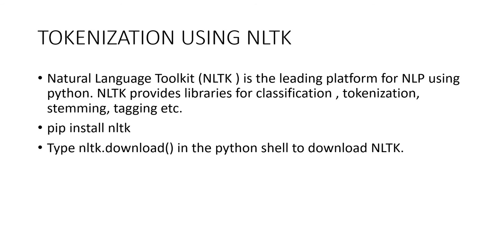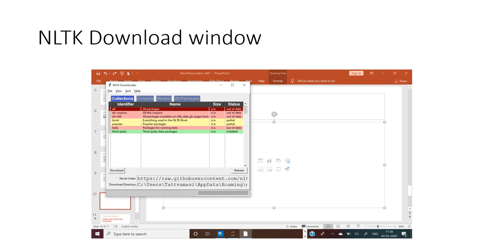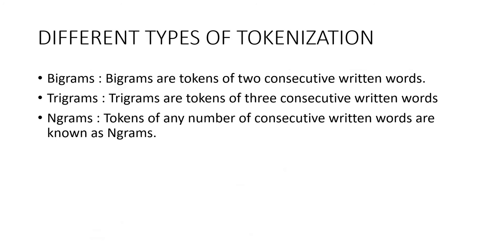You will get this window when you run nltk.download from a Jupyter Notebook or from the Python shell. From here, you can select different libraries and download them. There is no need to download the entire thing, but if you want, you can do that as well.